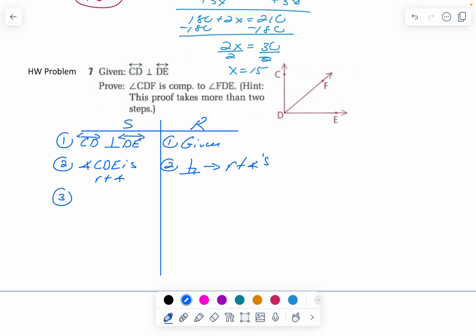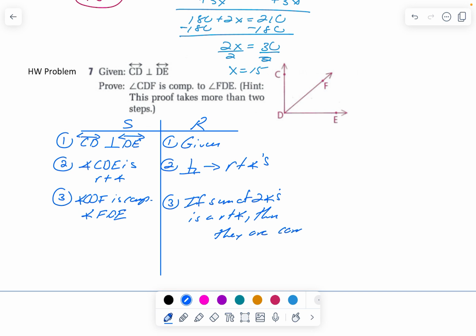And so we can just go right to 3 now, and based on the image there, we would say that angle CDF is complementary to angle FDE because if the sum of 2 angles is a right angle, then they are complementary. And done.